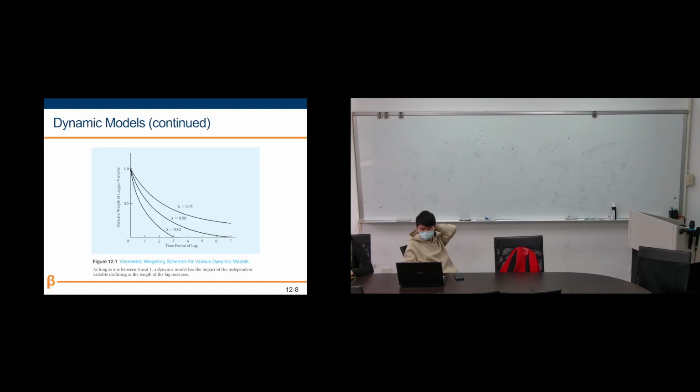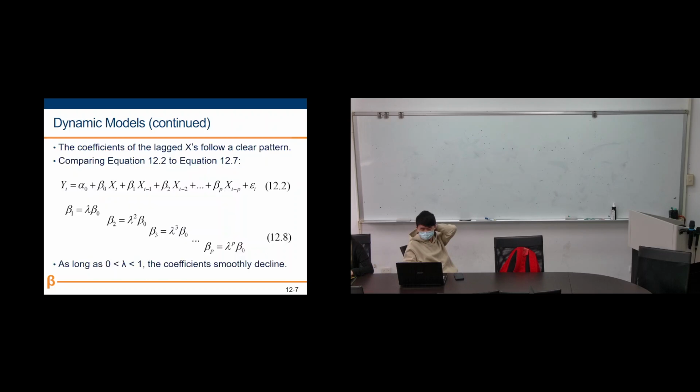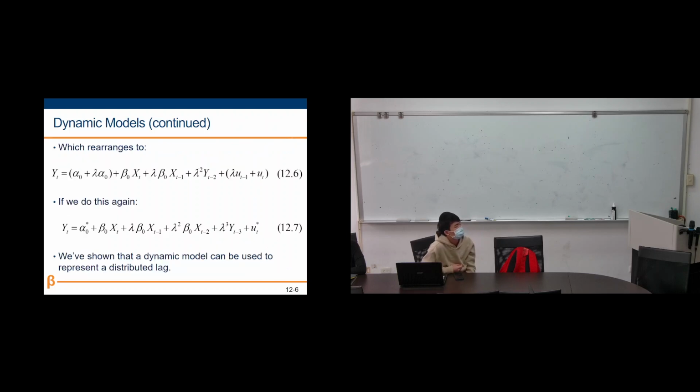So beta 1, beta 2, beta 3 have a beautiful relationship. Look at this one. Do you understand what I'm saying here?